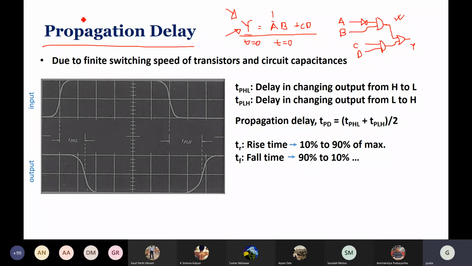Okay, move ahead. So this is due to finite switching speed of transistors and circuit capacitances. This happens, and two terms that are there: propagation delay high to low and propagation delay low to high.